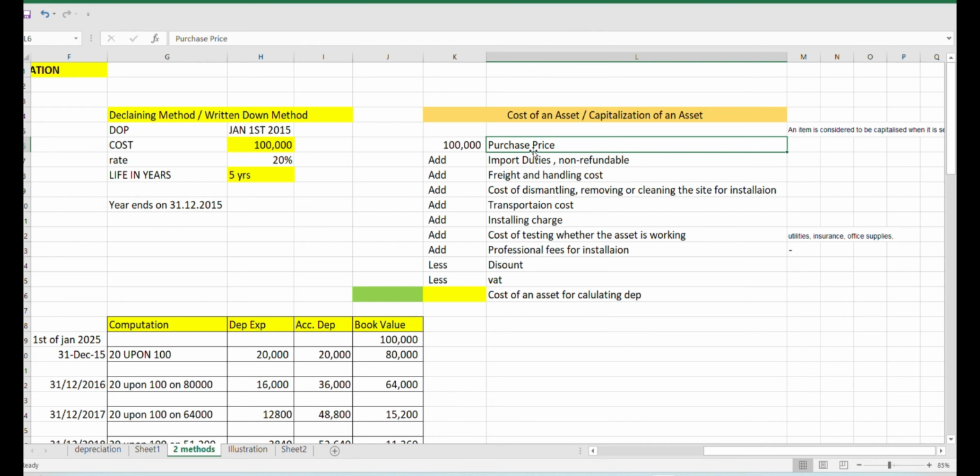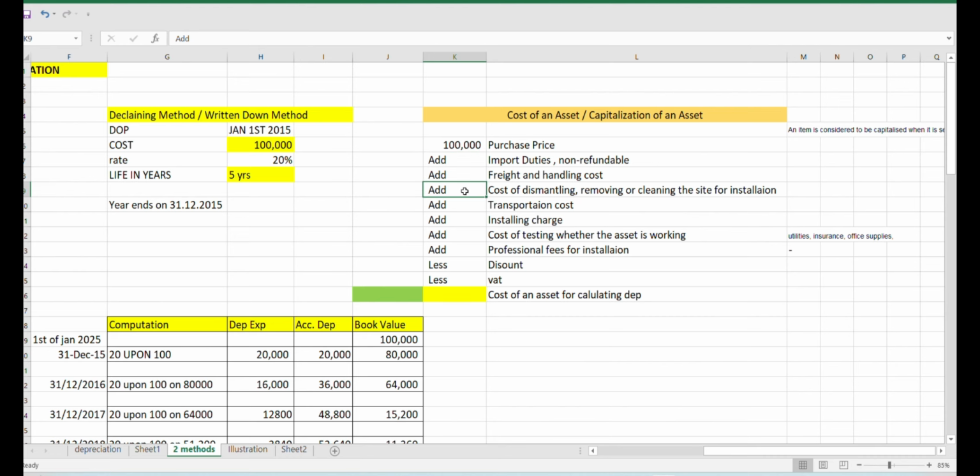The depreciation will be calculated on the cost price. You have to add import duties, if you have spent any import duties during that period. You have to add freight and handling cost to get that machine to your warehouse.